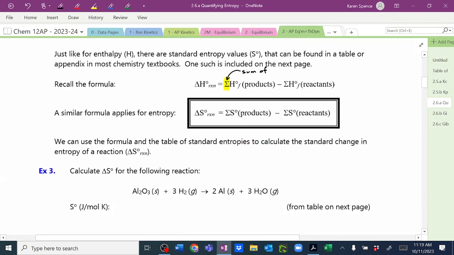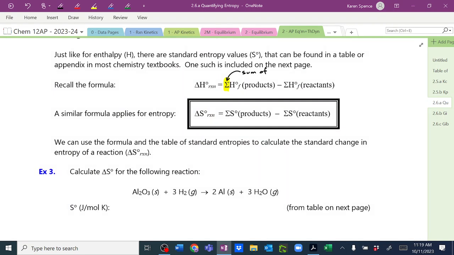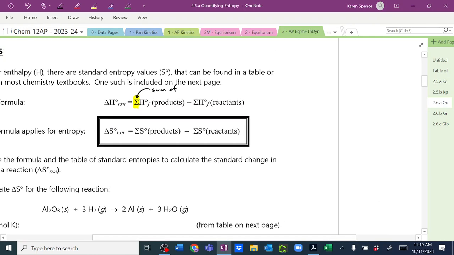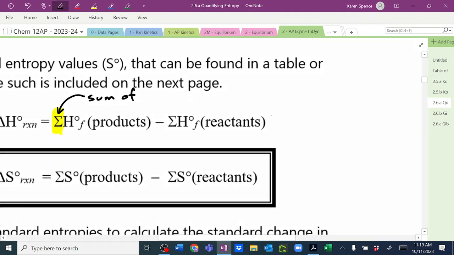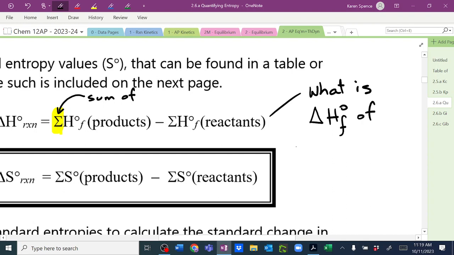So, now there was one thing that you might remember from back in the day. Do you guys remember what delta H, standard enthalpy of formation, of an element at standard state is?